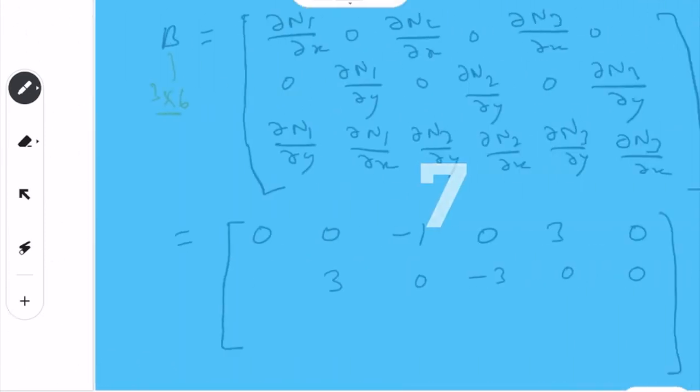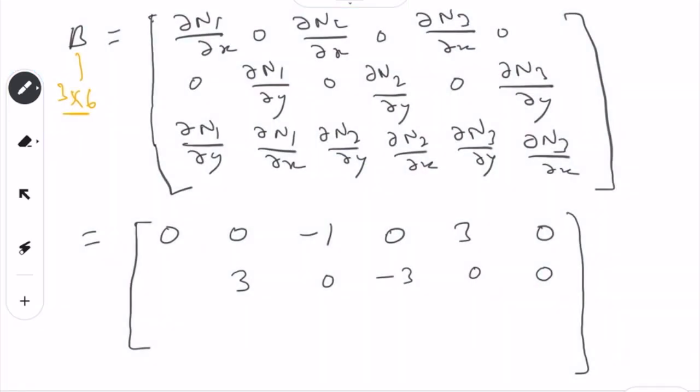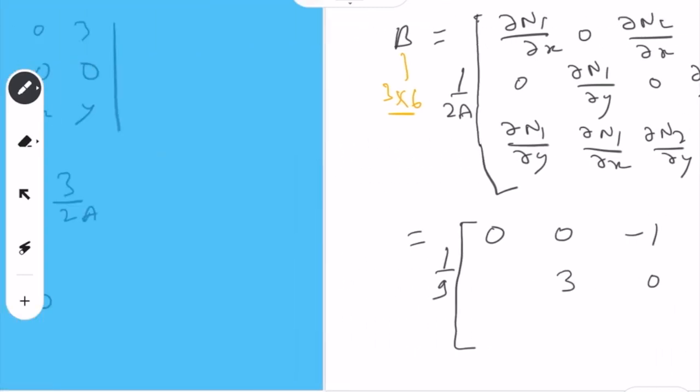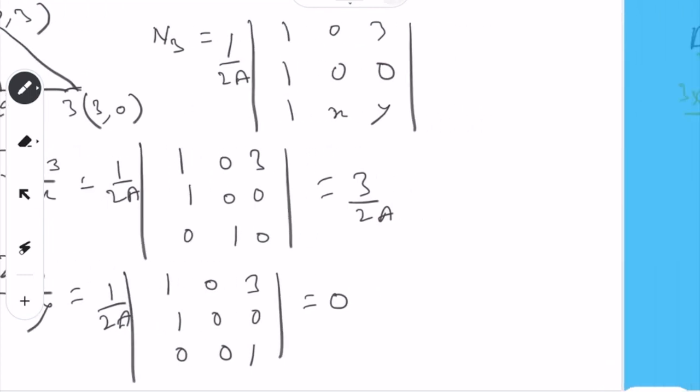Let us write it, this will be equal to 1 over 2a. So 1 over 2a is nothing but 1 over 9, so we write 1 over 9 here. Okay, so we got that.